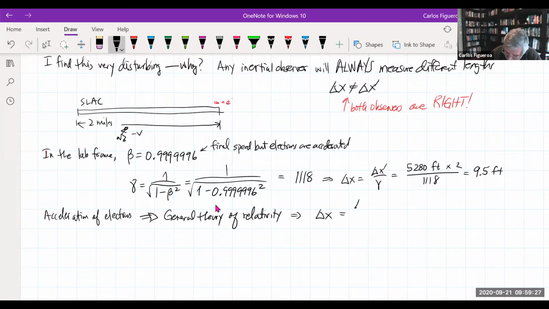You get a piece that deals with special relativity, a piece that deals with general relativity, and then a gamma factor that's a function of a velocity that's changing. And when you calculate that whole thing, you get this 3 feet.